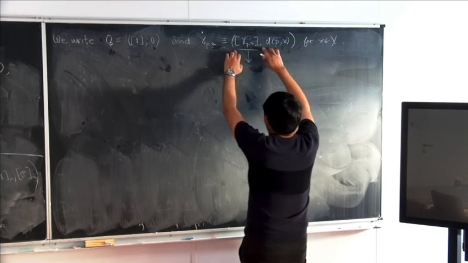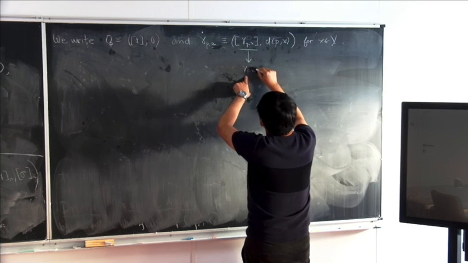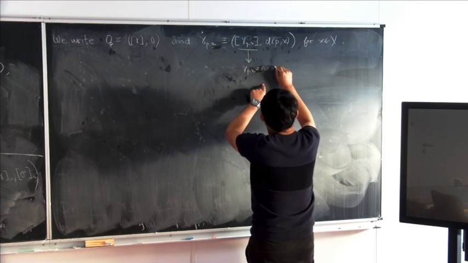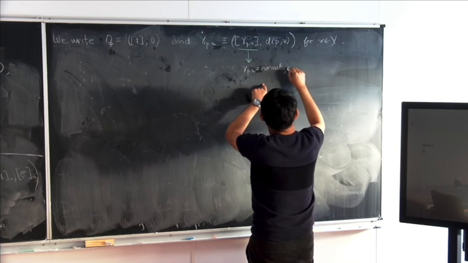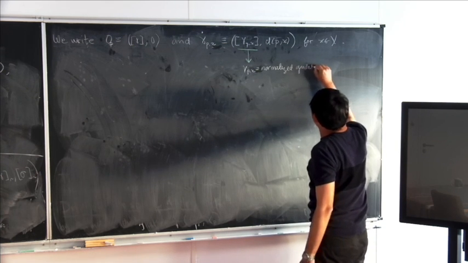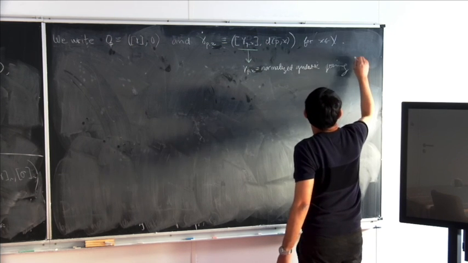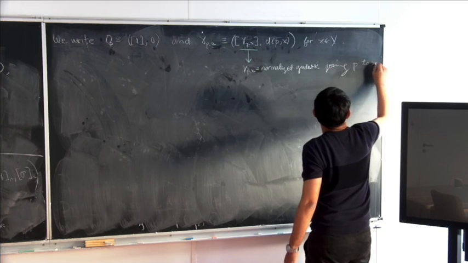And here gamma px, just to recall, is the normalized geodesic joining p to x.